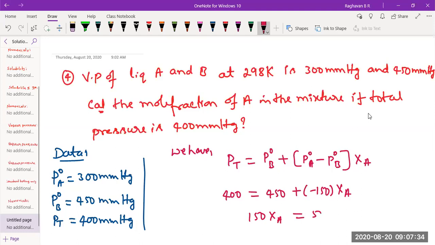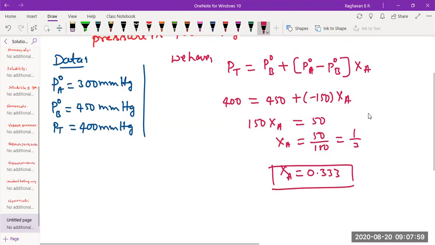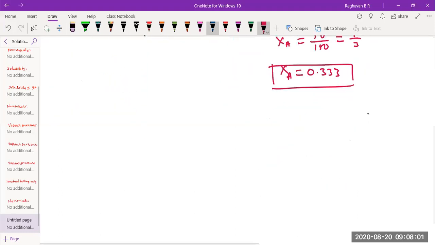XA is equal to 50. If you just leave now. I think it's done. We take fifth one.